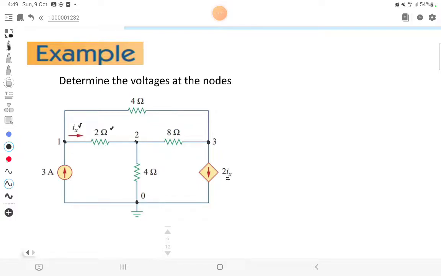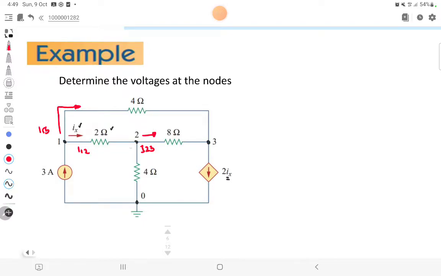Of course, what we do is set our current directions. I have my I13, meaning from V1 to V3, and this will be my I12, meaning from V1 to V2, and of course I23 from V2 to V3.